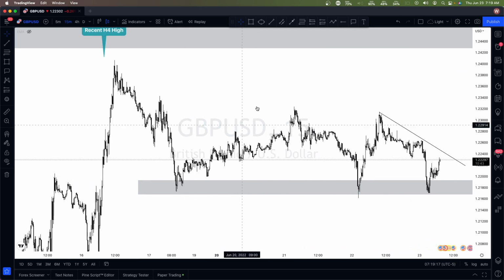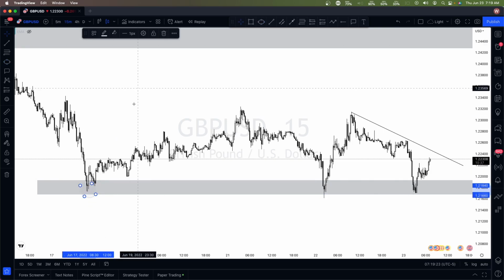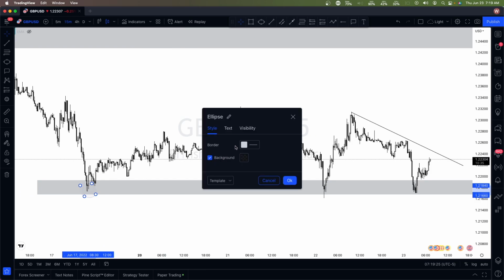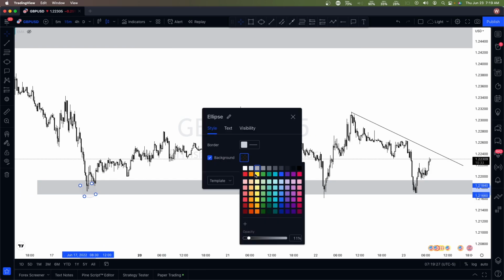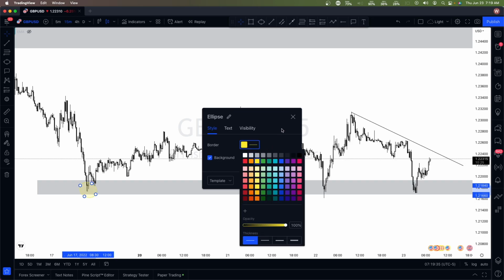But we can see that on the 15, price has been down here. Let me change the color of that. You see, price has been here a couple of times actually.